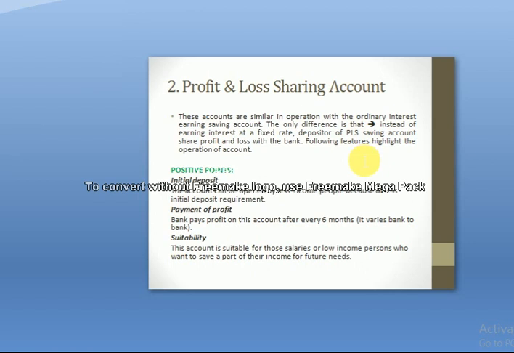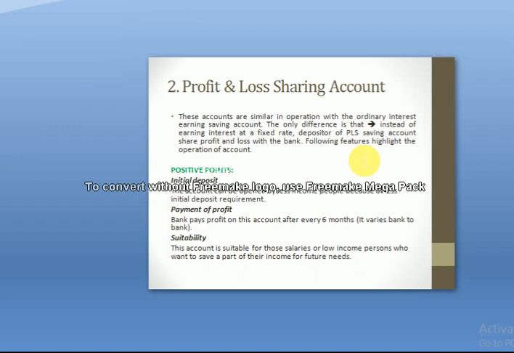In the saving account, as we will discuss later on, the fixed interest is offered to the account holder after a fixed period of time. But here, instead of that fixed interest, a specific amount in the shape of profit or loss should be given.